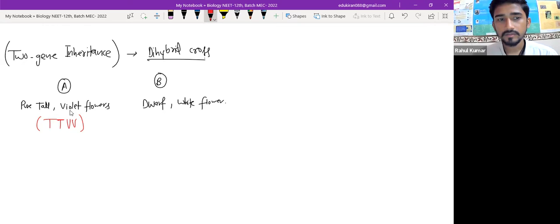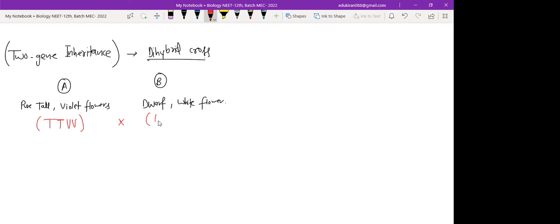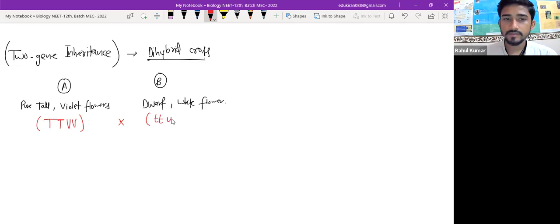So I'm taking the alphabet which correlates to the dominant genes. They both are dominant, and we are crossing it with parent B. What is its genotype? Small t, small t, small v, small v. Yes. So this is the parent generation.